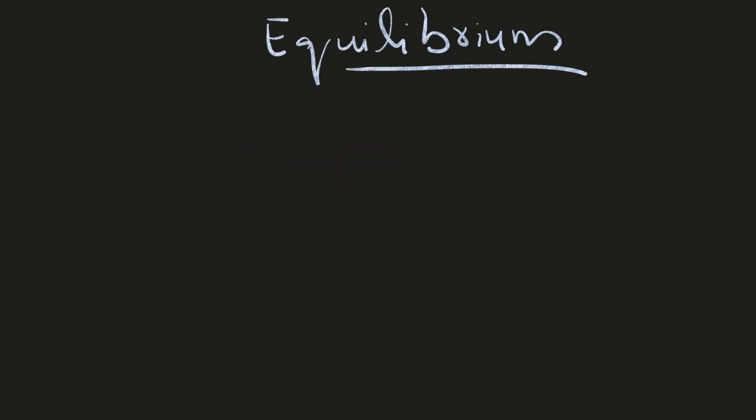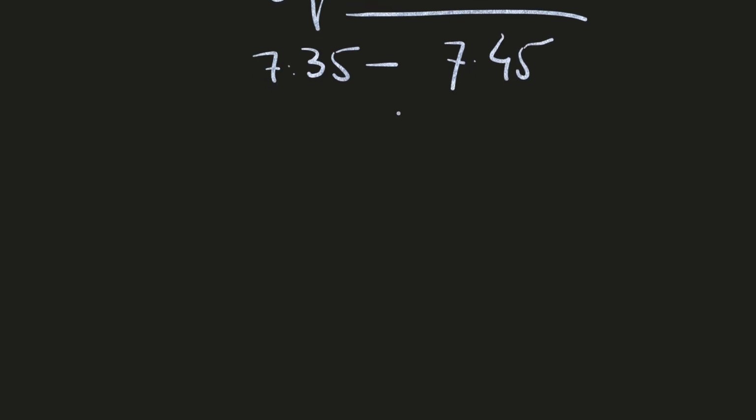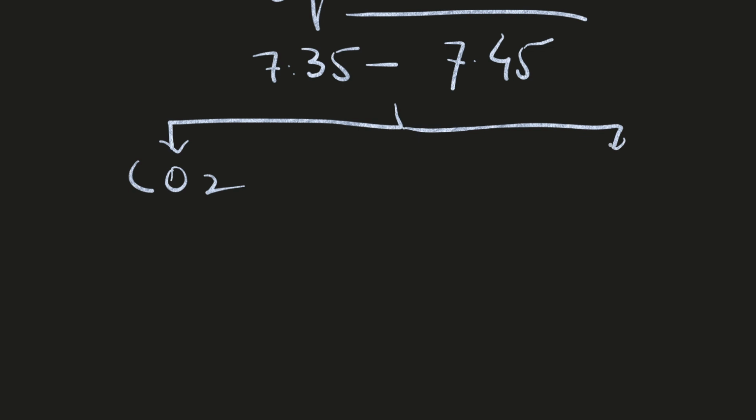So if I talk about the pH of the body, our body is in a constant state of trying to maintain homeostasis, to maintain the pH in that specific range of 7.35 to 7.45. Doing so, it's a constant play between CO2 and bicarbonate.